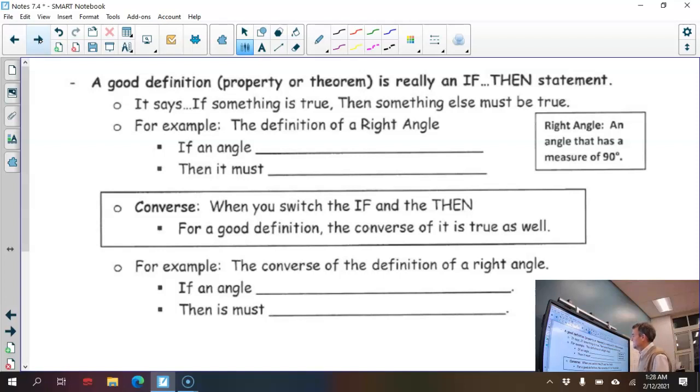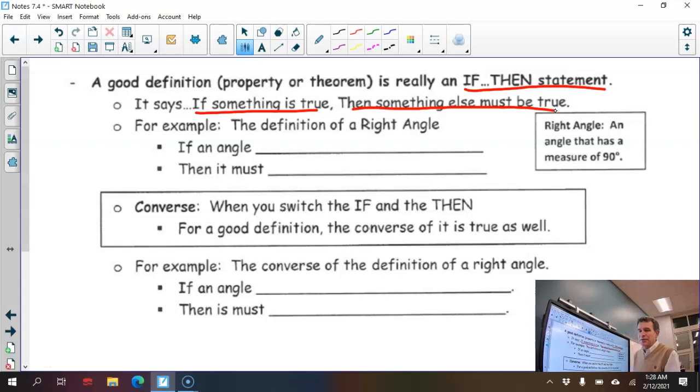So a good definition, maybe a property or a theorem, is really an if-then statement. I'm not sure you know what an if-then statement is. An if-then statement basically says if something is true, then something else must be true.